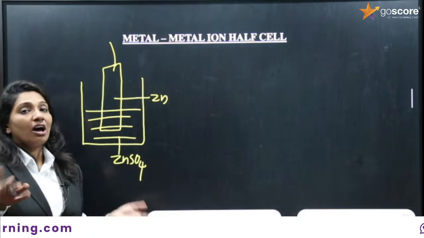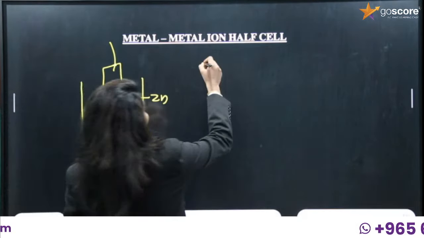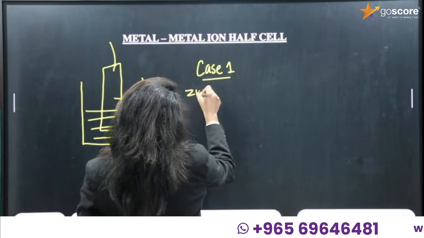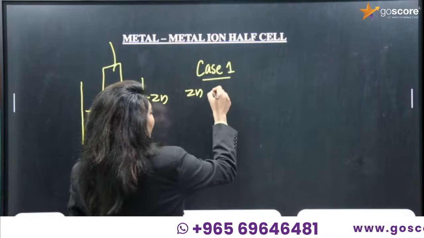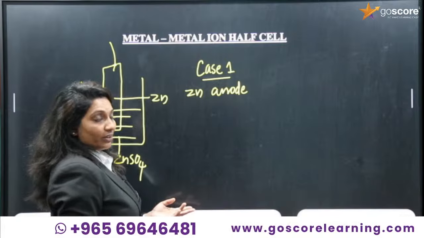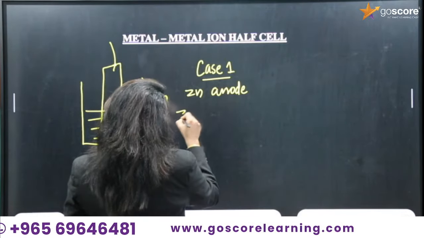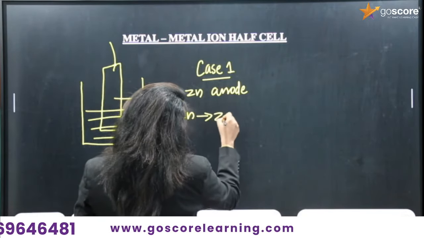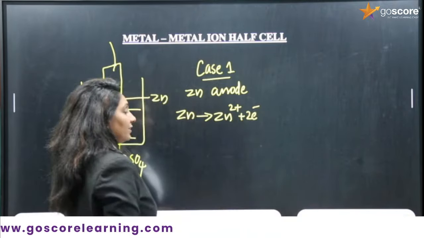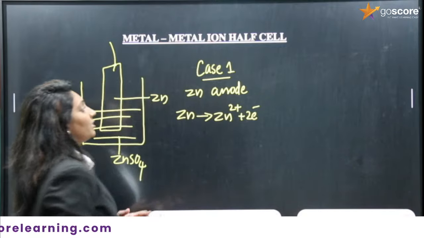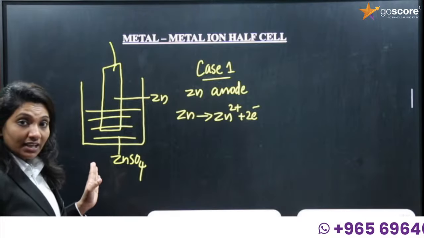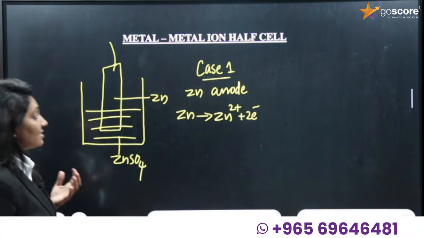Okay, it depends on how we are using it. See, we can take two cases. For the first case, I am taking the zinc as the anode. Anode means what happens there? Oxidation will occur, right? Oxidation means loss of electrons. So zinc will be converting into Zn2+ plus 2 electrons, right? So here in the first case, if you are taking the zinc as the anode, Zn2+ ions will be forming and the zinc acts as an anode.